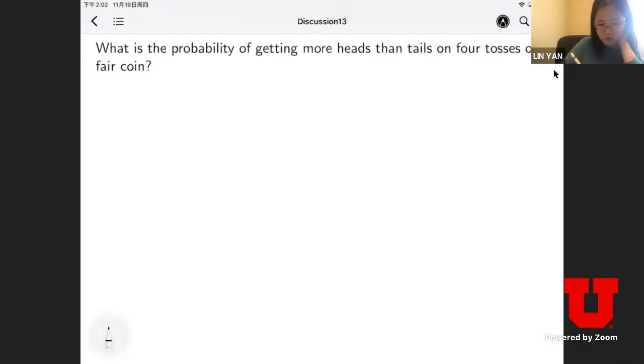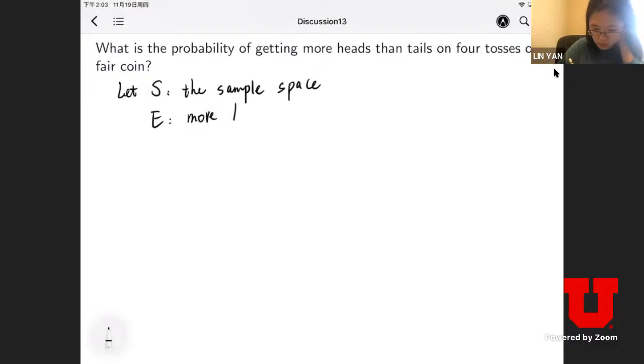We can use some general notations. That is, we can let S be the sample space, and let E be the event that more heads than tails appear.